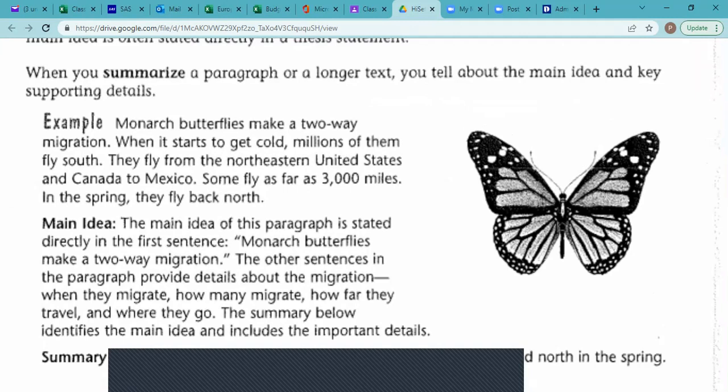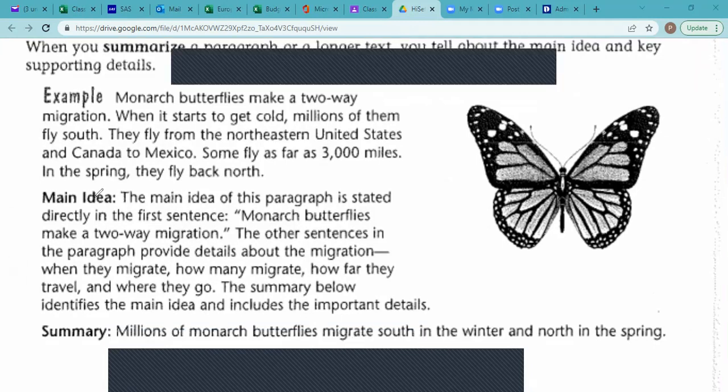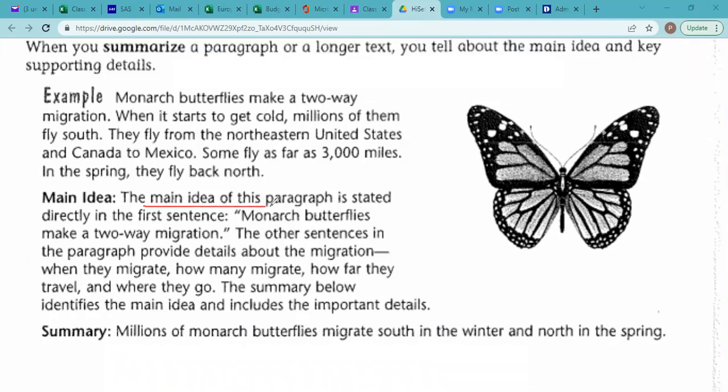All right. So the main idea for this paragraph, it says the main idea of this paragraph is stated directly in the first sentence. One thing that you probably already know or should know is that a big majority of the time, your stated main idea will be in the first sentence.